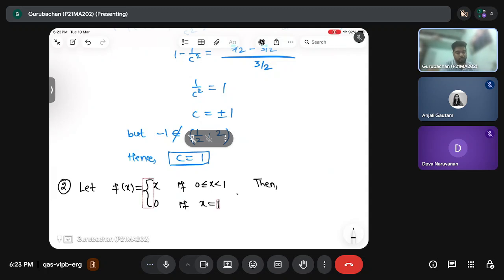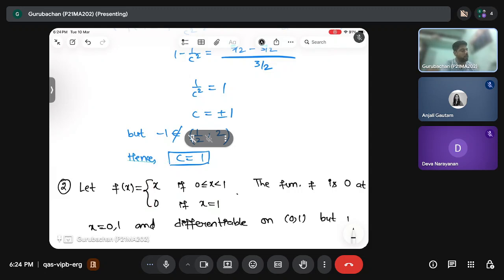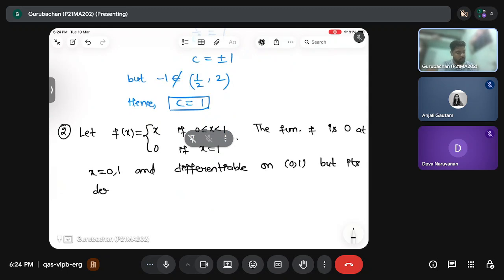Then the function f is zero at x equal to 0 and 1, and differentiable on (0, 1), but its derivative is never 0 on (0, 1).